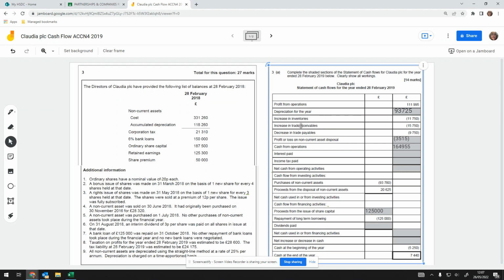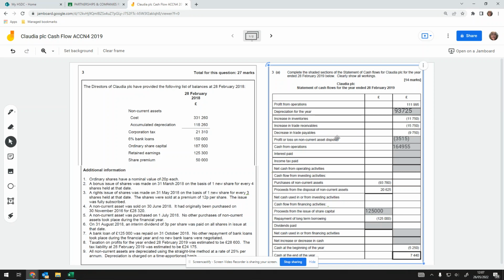And just to recap, the reason we're removing the inventory, we've got an increase in inventory, so we've bought more inventory. That will have depleted our cash, but obviously closing inventory is deducted in cost of sales, so it won't have had a bearing on that profit figure because it's been removed. Trade receivables, remember we record the sales and therefore the profit when it happens, but if we've increased the trade receivables, that means those people haven't paid us, so we haven't received that cash, so that's why we're taking it away.